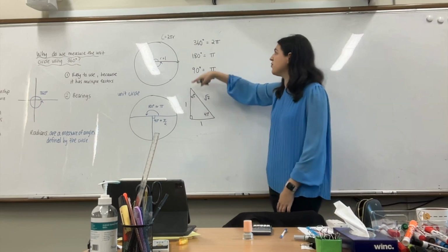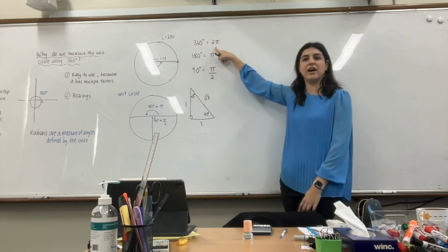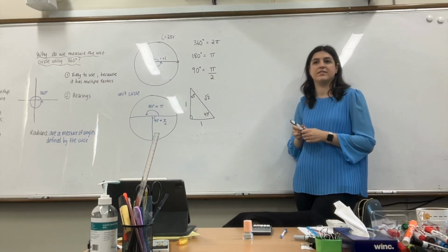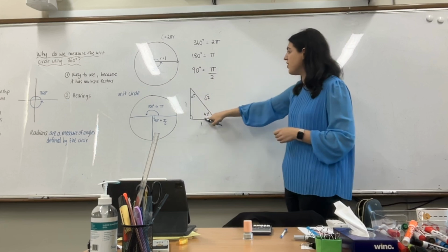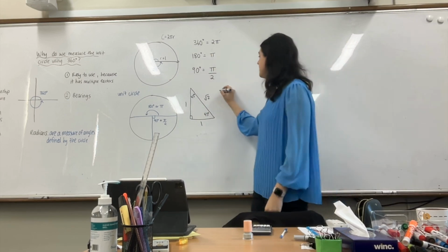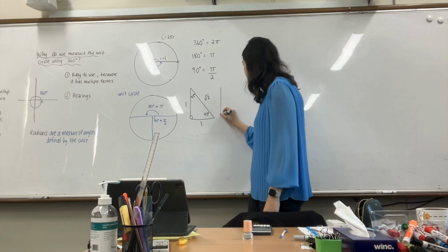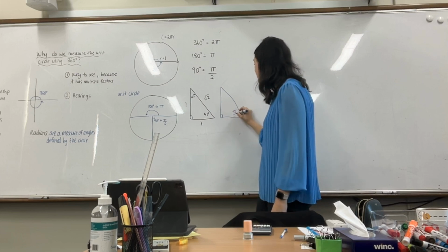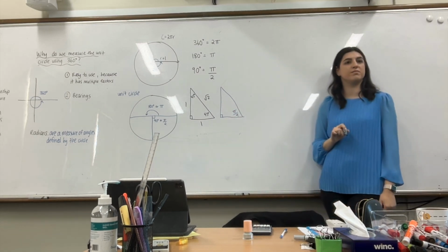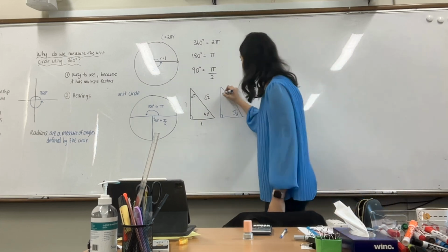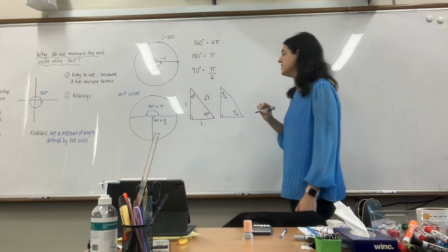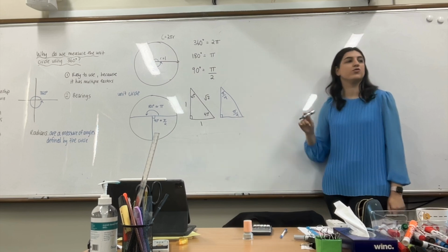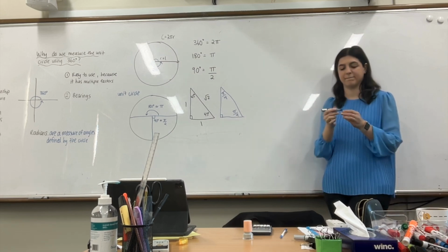How many times does 45 go into 360, so how many times do you have to break up 2 pi? Or how many times does 45 go into 180? 4, excellent. So if 45 goes into 180 4 times, then 45 degrees is going to be pi over 4. That's your angle in radians. Is that sitting okay? So 45 degrees is equal to pi over 4 radians.